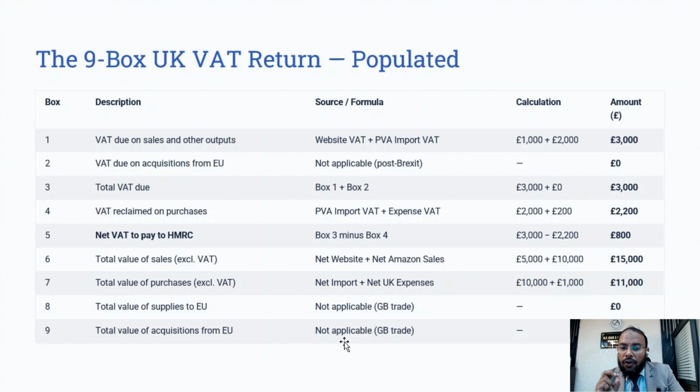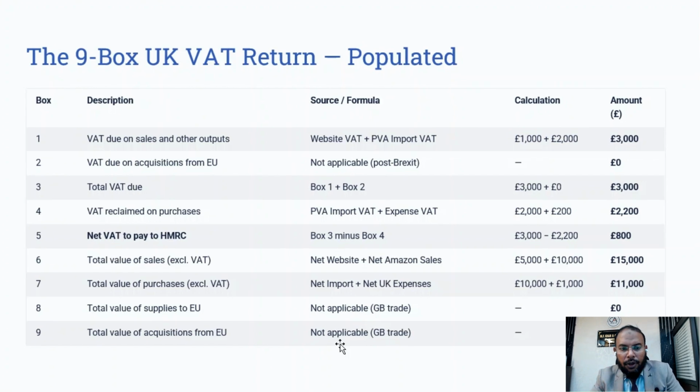So total output liability is 3,000 pound. And further, VAT due on the acquisition from EU, box number 2, is not applicable for you, so we will cover box 3. Total VAT due means box 1 plus box 2. Total will be 3,000 pound.